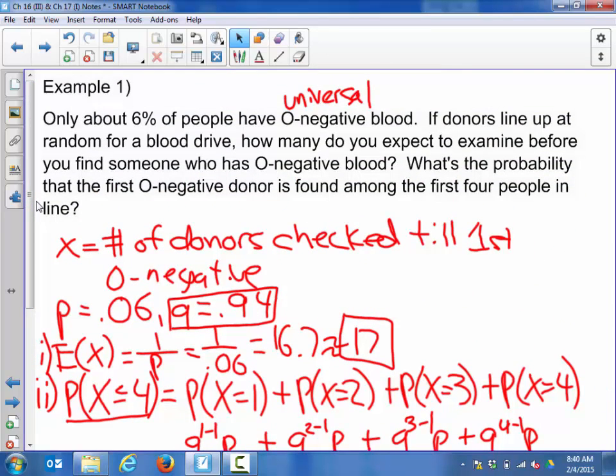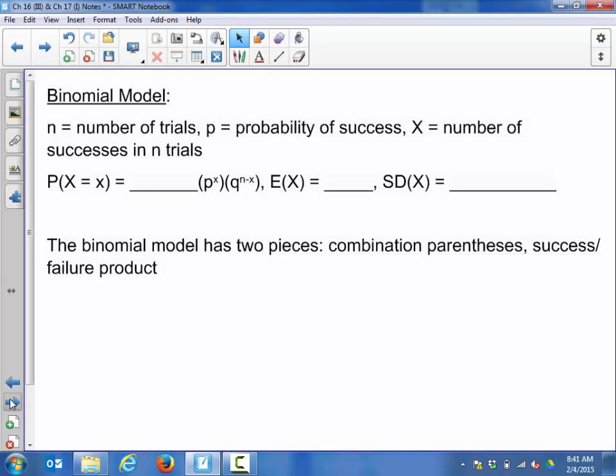We'll box that up, and there you go. There's a little bit of work with the geometric model.